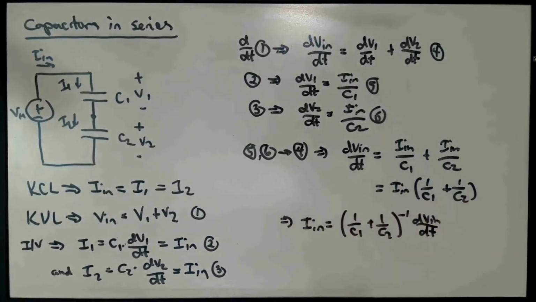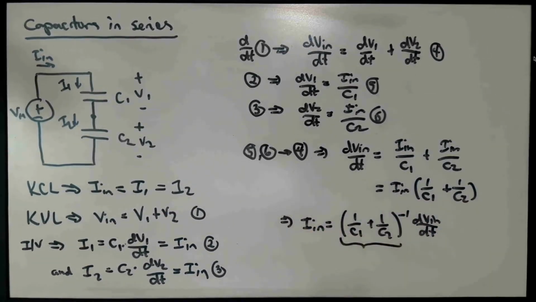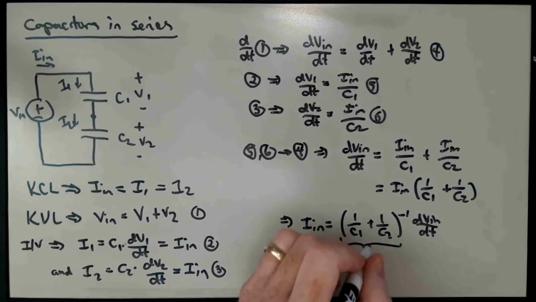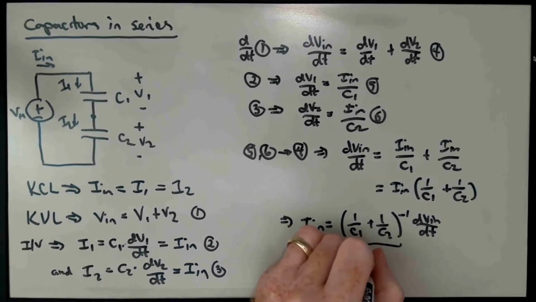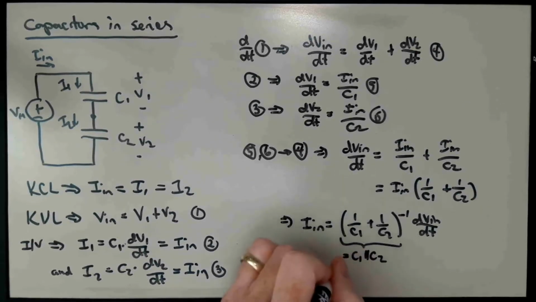Well, what is this thing? Well, this thing is 1 over the sum of the reciprocals of two capacitances. So this is really C1 parallel C2 with our definition of the parallel operator. So it has units of capacitance, and it's an equivalent capacitance.